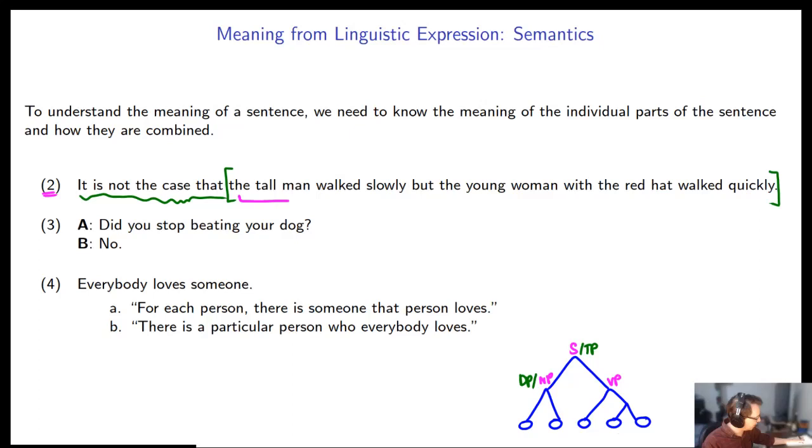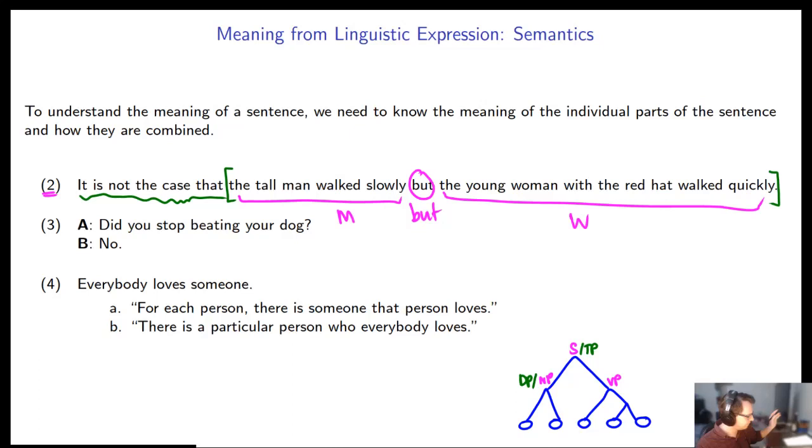I'm going to call this M for man, and let's just call this but. Let's keep it simple. The young woman with the red hat walked quickly. Let's call this W for woman. Okay, so we can say M but W. This will make it a little bit easier for us to talk about.